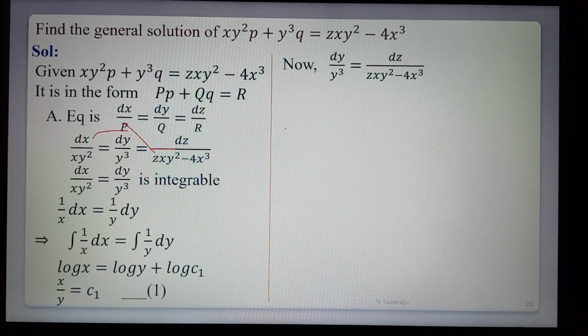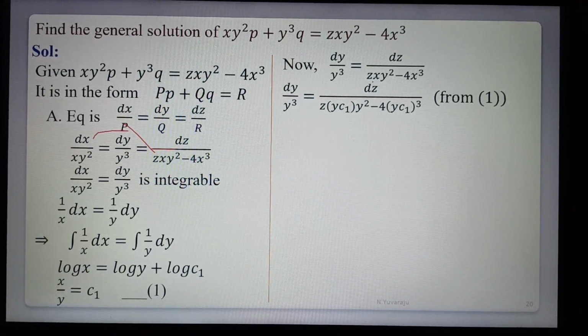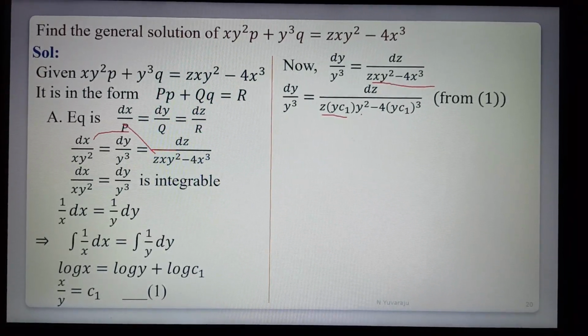Now choosing the second set: dy by y cube is equal to dz by zxy square minus 4x cube. Now using equation 1, the first solution, x is equal to yc1. Substituting x is equal to yc1, we get dy by y cube is equal to dz by z into yc1 into y square minus 4 into yc1 whole cube.